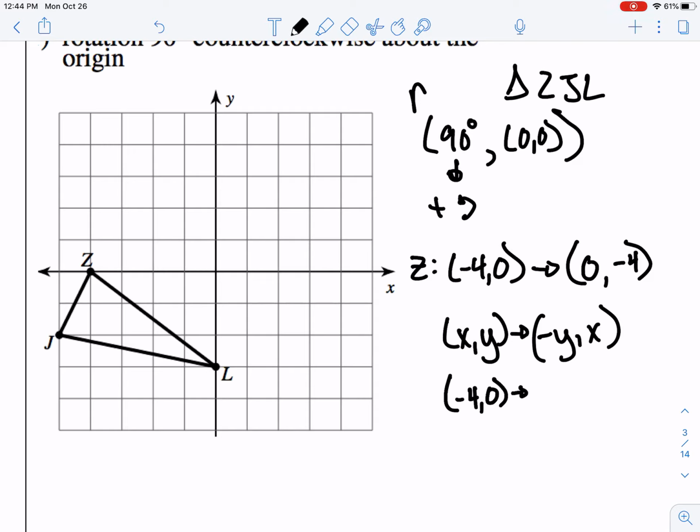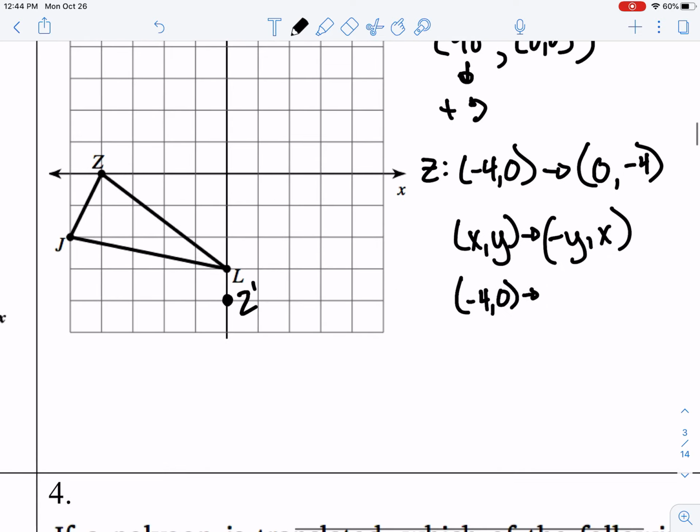So (0, negative 4) would be Z prime. J is (negative 5, negative 2).